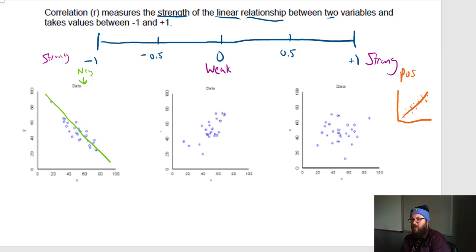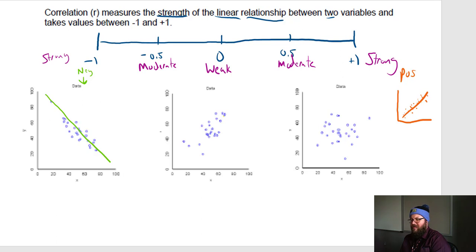For the -0.5 and the +0.5, that is labeled as moderate. So it's moderately strong or it's moderately weak. Okay, so moderate.